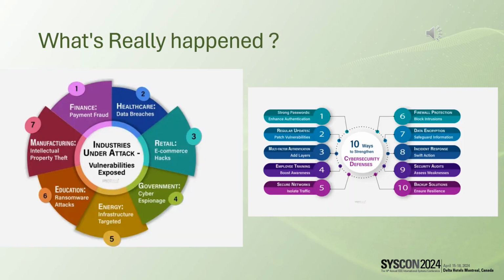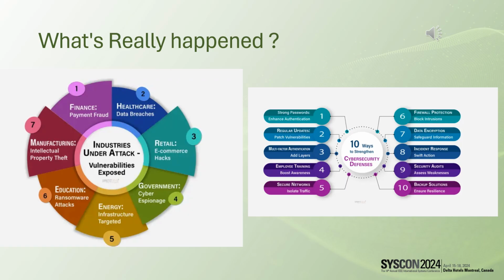So let's start with what's really happening now in the cybersecurity world. As you can see, we have two images that appear to illustrate two aspects of cybersecurity: the vulnerabilities and defenses.